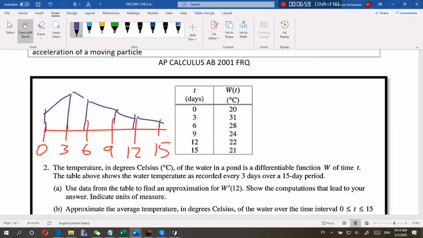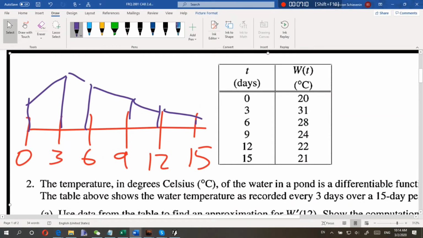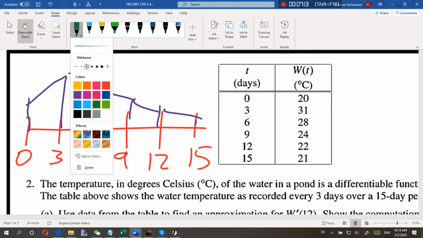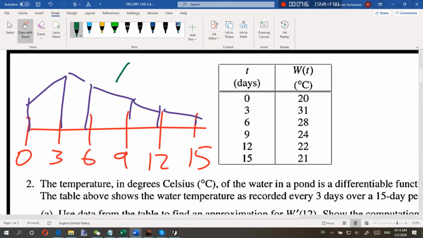How could I get the area of this first trapezoid? Okay, you're right, keep going. Okay, so you've got 1/2, and you give me your base, which was 3.